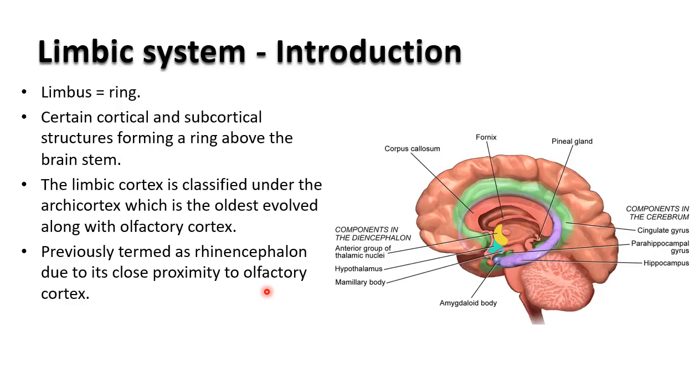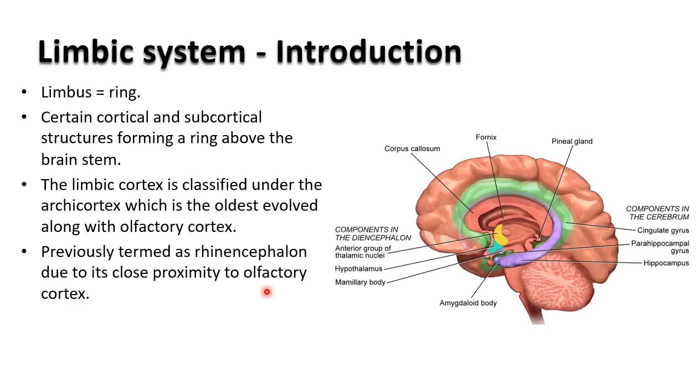In humans, this olfactory sensation has become somewhat vestigial compared to other animals, because olfactory sense in lower animals is very functional, mainly to detect its prey, to detect any danger, and to detect its partner. So for all these things, the olfactory sensation is used in the lower forms.